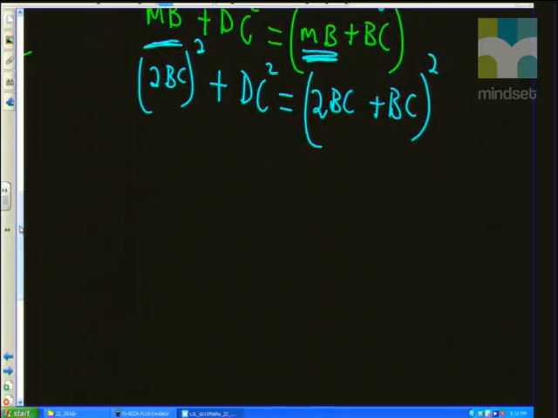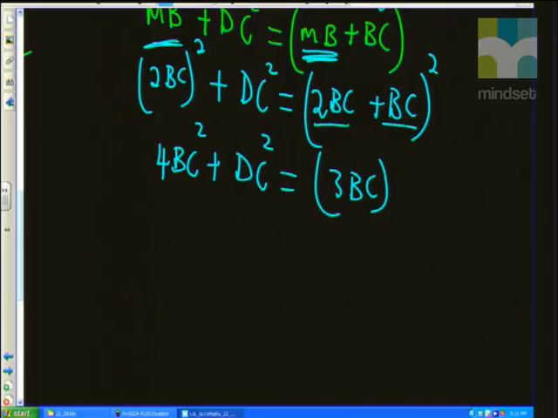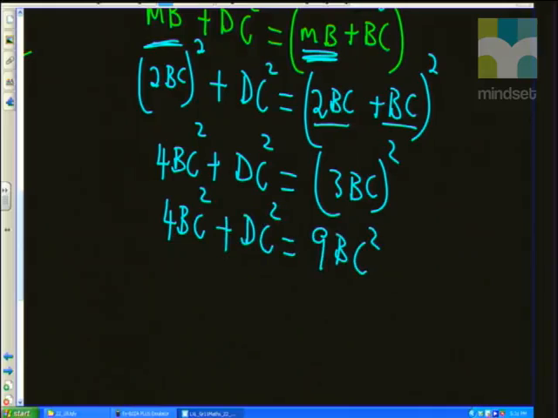Now, 2BC all squared gives us 4BC squared plus DC squared equals, now we have 2BC plus BC, that's 3BC squared, which gives us 4BC squared plus DC squared equals, now 3BC by 3BC, you get 9BC squared, okay?